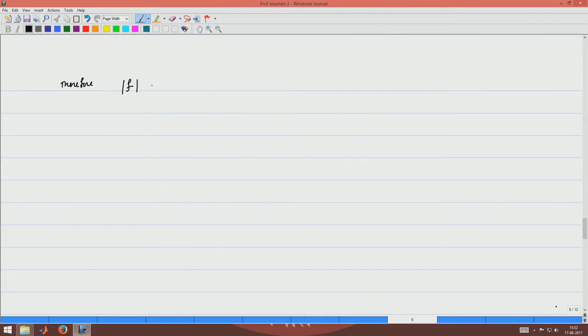So, let me start with the definition of the flow value, the value of the flow, which, as we know, in terms of the cut, is the flow across the cut. This is by lemma 1. So, f of E out of S minus f of E into S, right.